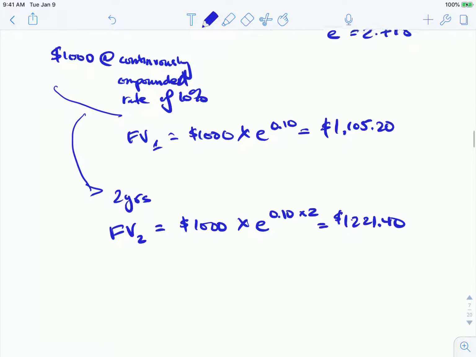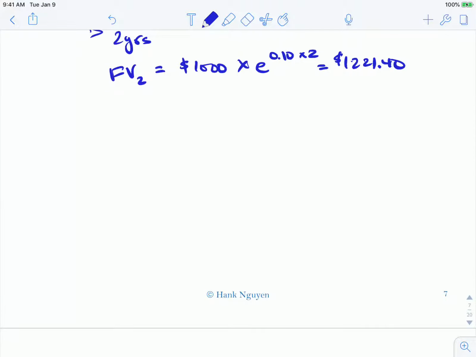So how does the graph look? Let's try to illustrate the relationships among annual, semi-annual, and continuous compounding. Let's say you have years 1, 2, 3, 4, 5.